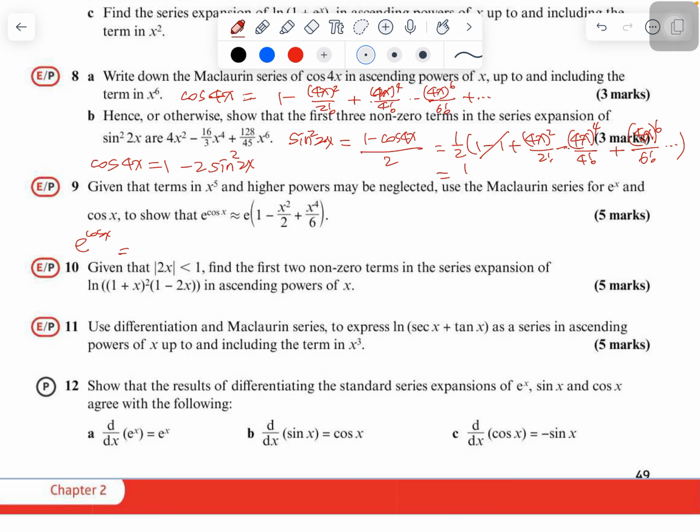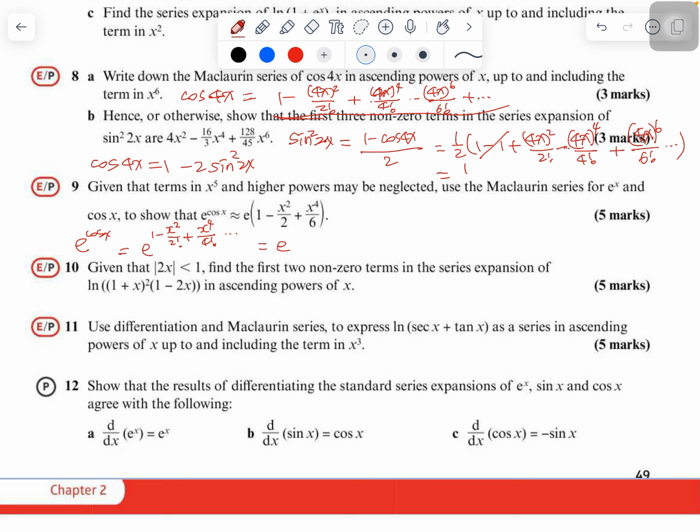So here, because I already used that one, so 1 minus x squared over 2 factorial plus x to the power of 4 over 4 factorial minus blah blah blah. I don't need the power of 6 anyway.